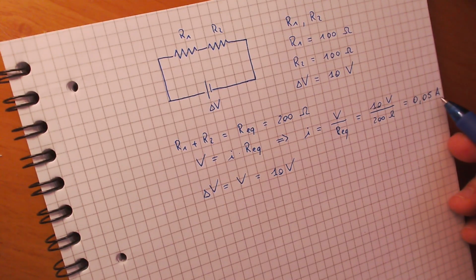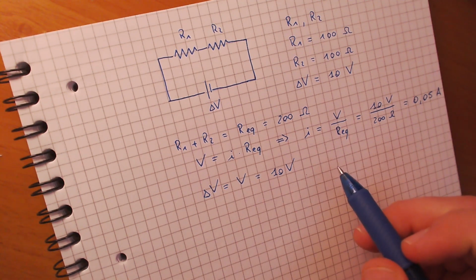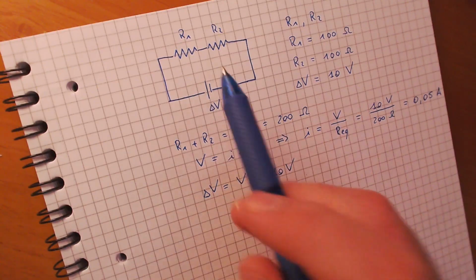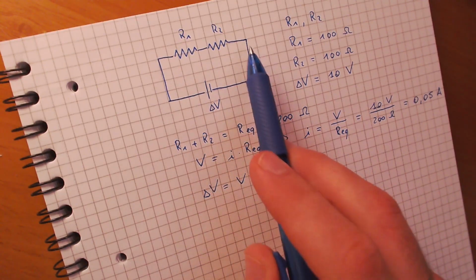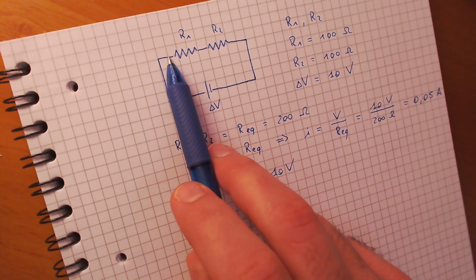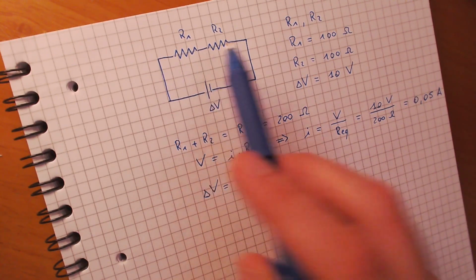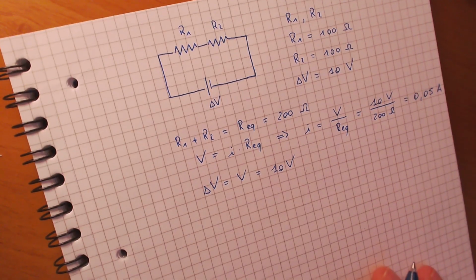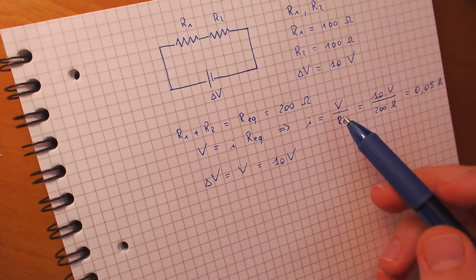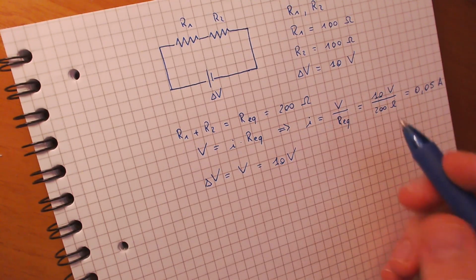This is the current of this system. Here we also calculated the voltage across the two resistors, and if we want to know the voltage across one single resistor, we have to apply Ohm's law again.